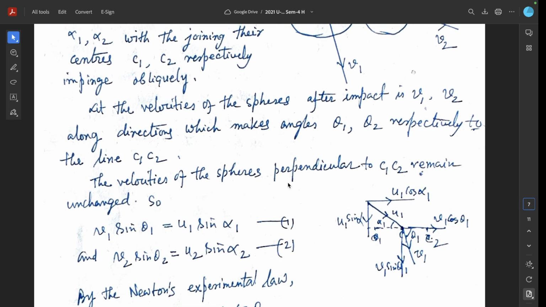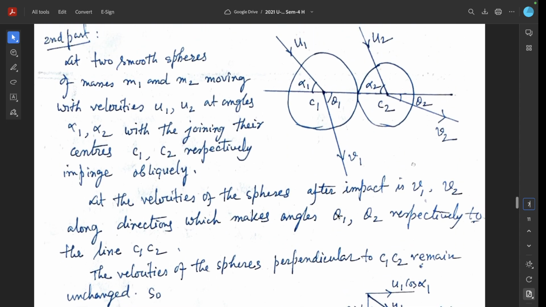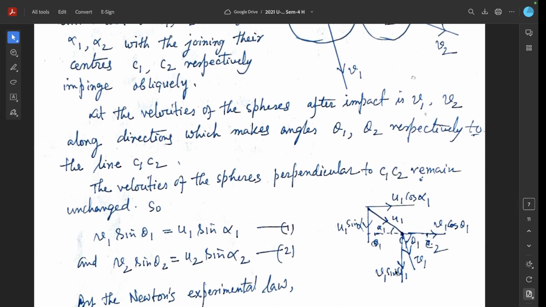The velocity of a sphere perpendicular to C1C2 remains unchanged. So v1 sin theta 1 equals u1 sin alpha 1; the perpendicular component remains unchanged.